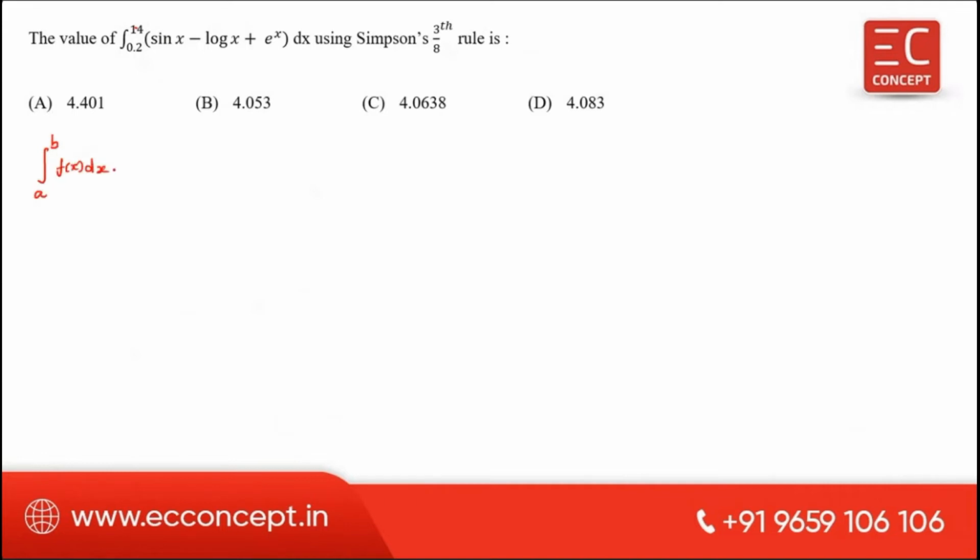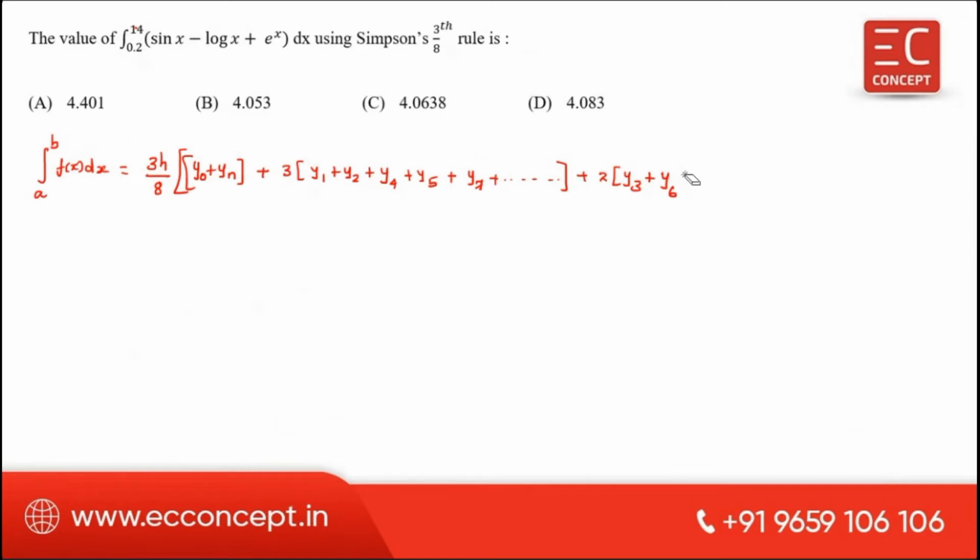If you have this, then it is equal to 3h by 8 times y naught plus yn, plus 3 times (y1 plus y2 plus y4, y3 won't come, okay, y5 plus y7, y6 won't come) plus so on, plus 2 times whatever terms we left out in the second term, you have to put here.